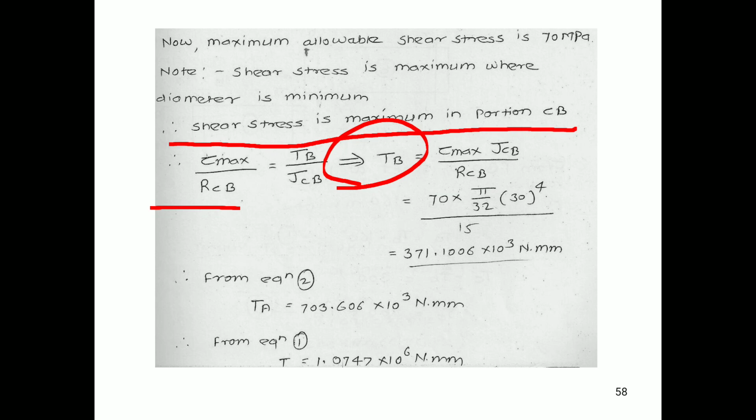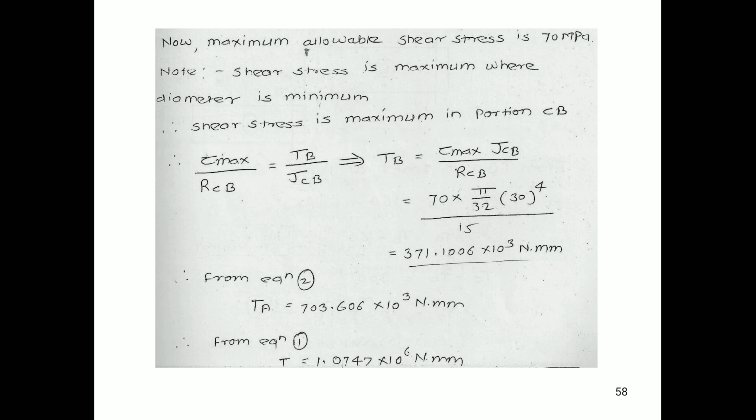On putting in all the values which we have already calculated or which are given in the numerical, we will have the maximum torque in B, that is 371.1006 into 10 raised to 3 Newton mm. This is the value of maximum torque in B. Why have we considered this equation for the CB portion? Because for that shaft the diameter is minimum, therefore the shear stress will be maximum.